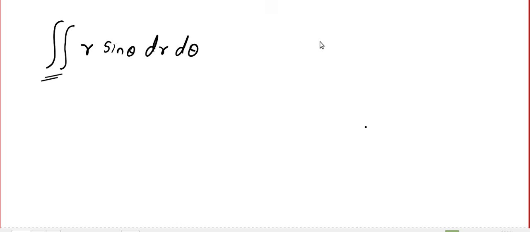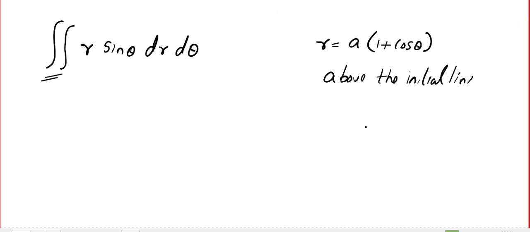The region of integration is the cardioid r equal to a into 1 plus cos theta above the initial line. So we have to evaluate this integral within the cardioid, but it will be above the initial line.